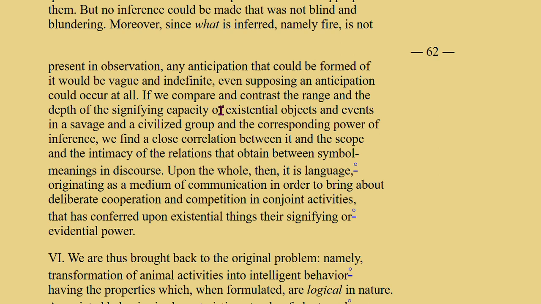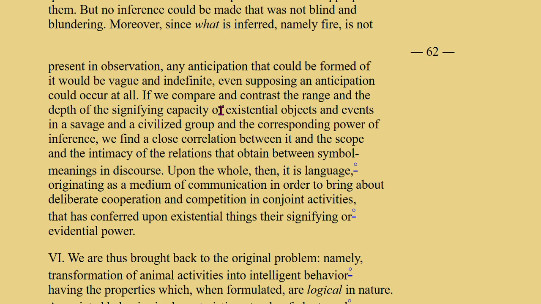So comparing, we call savage, let's say pre-industrialized or non-industrial groups, and maybe industrialized groups. If we're comparing these, comparing and contrasting the range and the depth of the signifying capacity of existential objects and events.